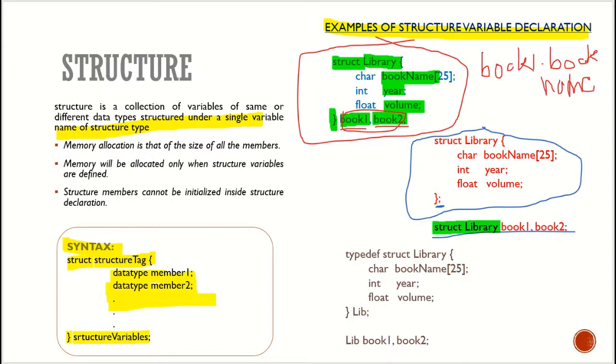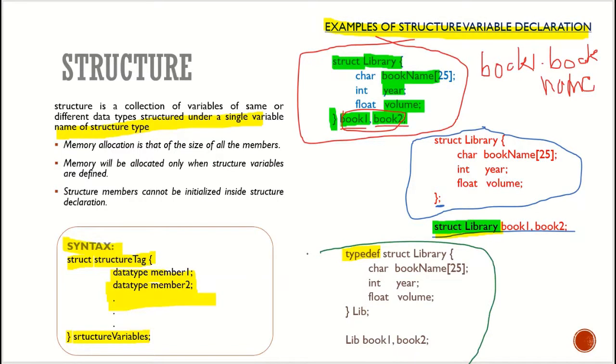So in order to avoid using this struct library again and again, we can typedef this struct library using the type definition. So this is another method to declare and define structure.